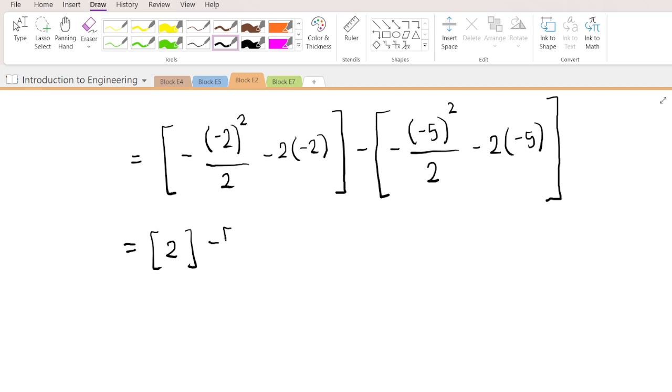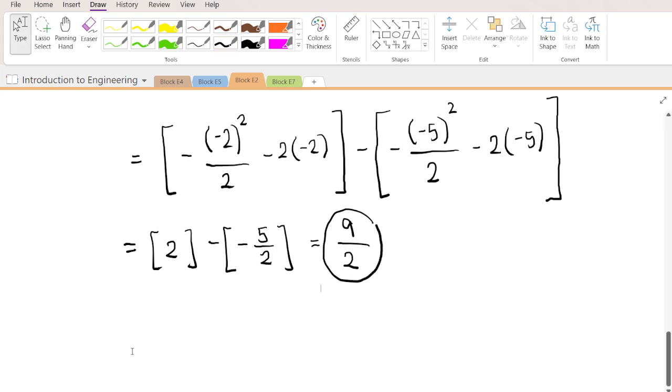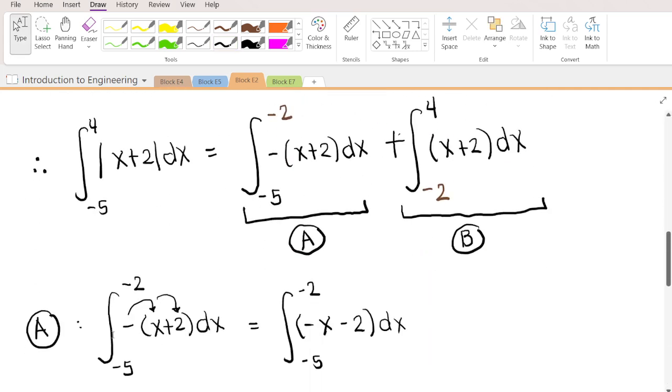So I have here negative 5 over 2. So 2 minus negative 5 over 2, that is equal to 9 over 2. So this is my first answer for A. So I'm just going to place it here so that I will not forget.